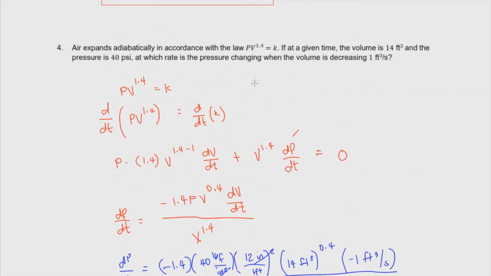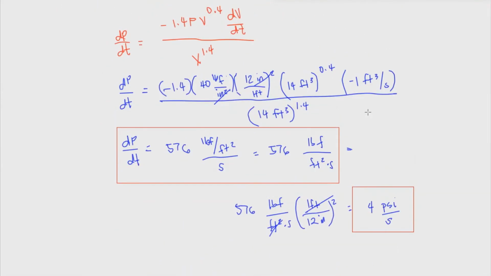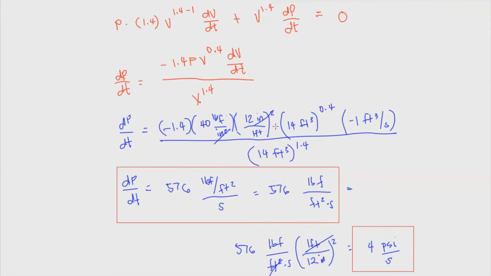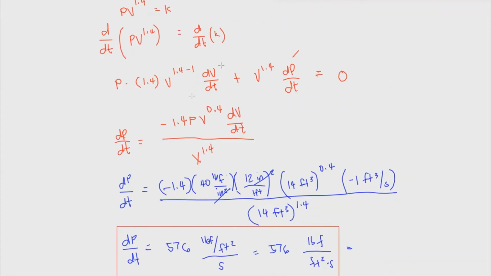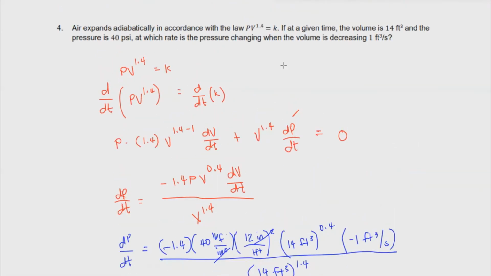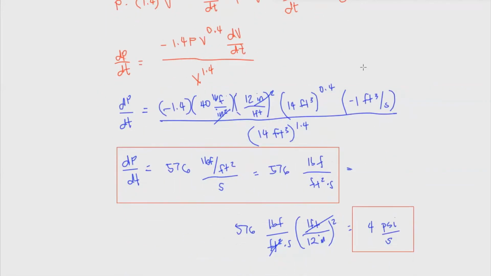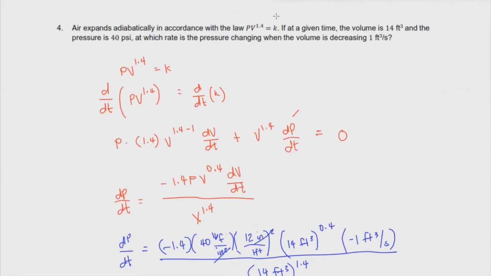Okay, so not in all cases, if the volume is changing negatively, will the pressure also be changing negatively. As you can see here, the pressure is actually positive because of the transposition that happened right here. So I think that's all for this kind of problem.